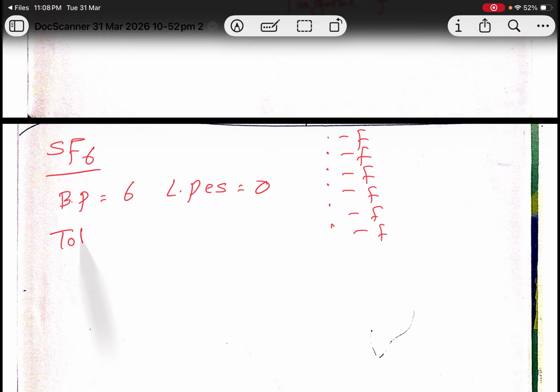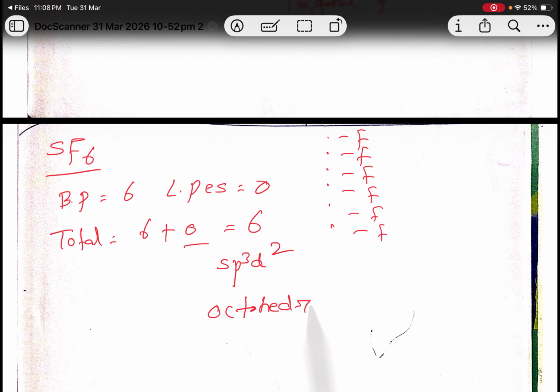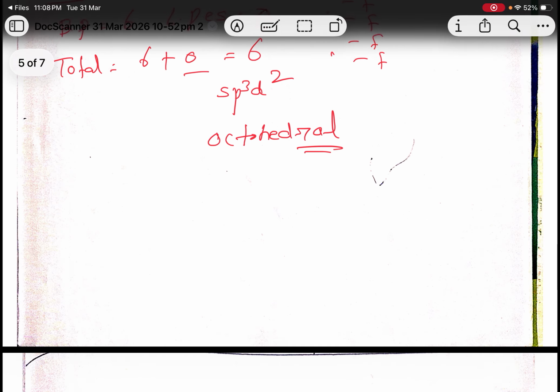So total equals number of bond pair of electrons plus lone pair of electrons. This is equal to 6. 6 means sp3d2 hybridization with 0 lone pairs means the shape of the molecule is octahedral.